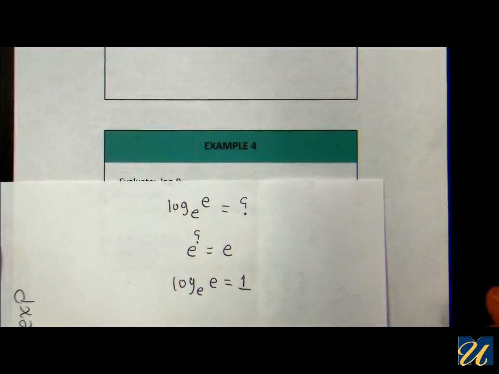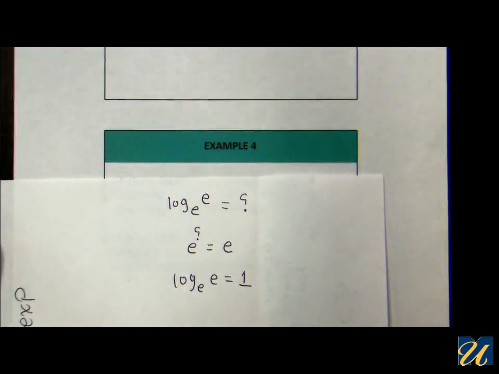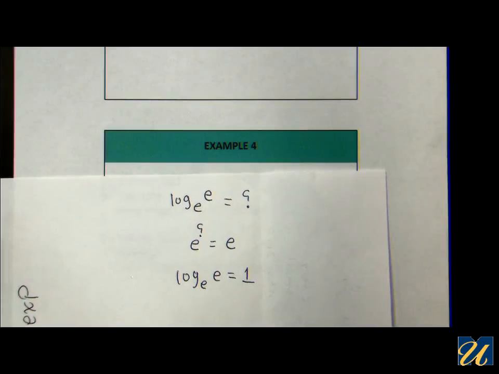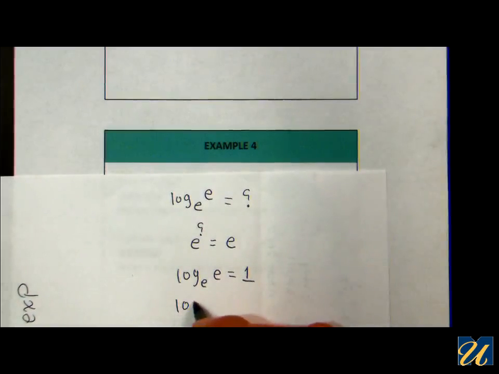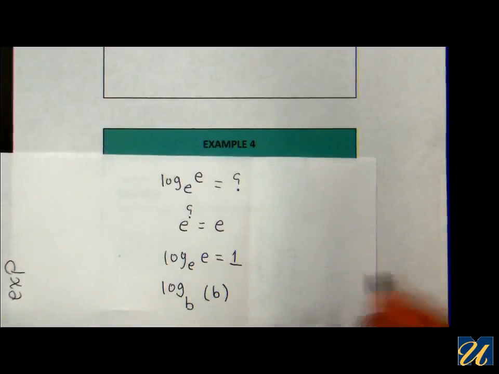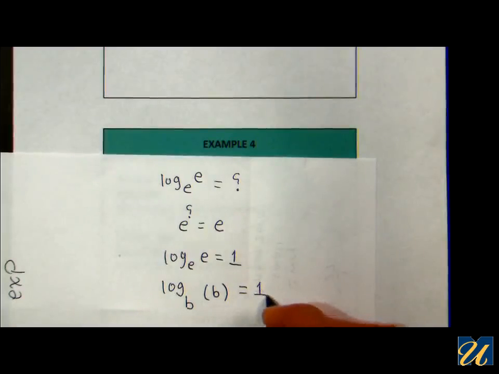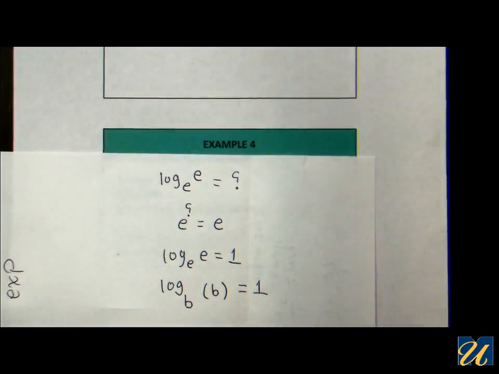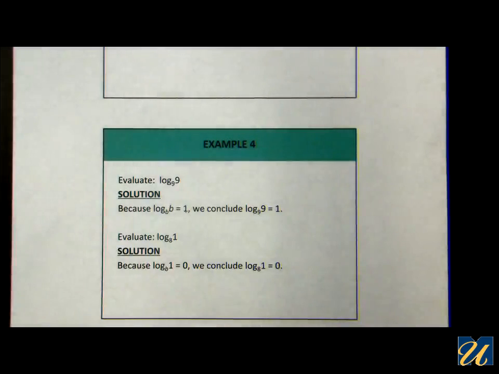So it doesn't matter what the base is. What we're saying is the logarithm with any base b, and if you take the logarithm of a number that's also the same as the base b, you get always 1 for any value of b. So here's a specific example where the b is 9.